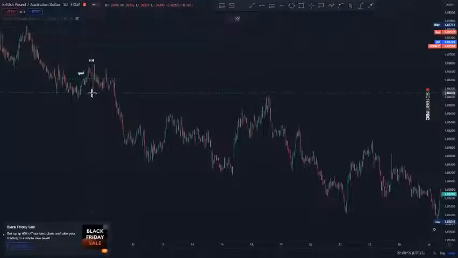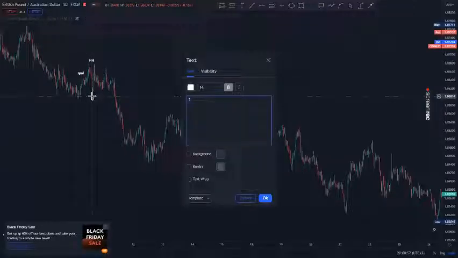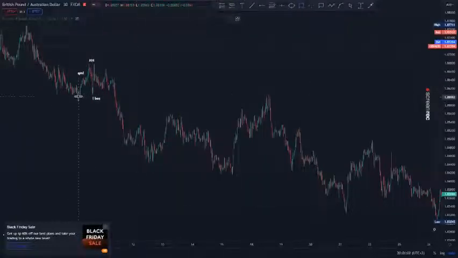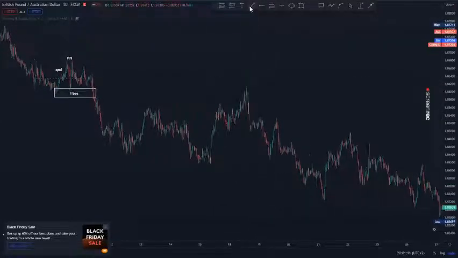My low was here, and there was a break of structure right there.